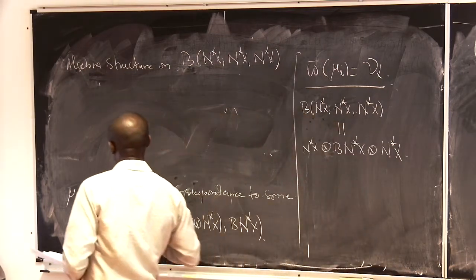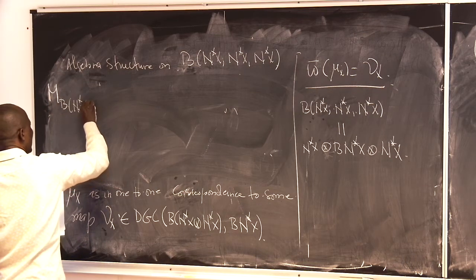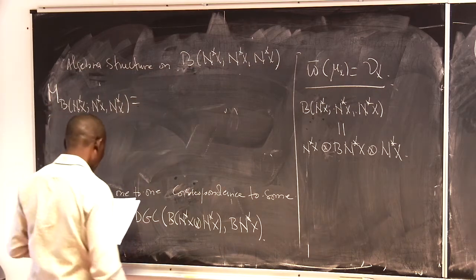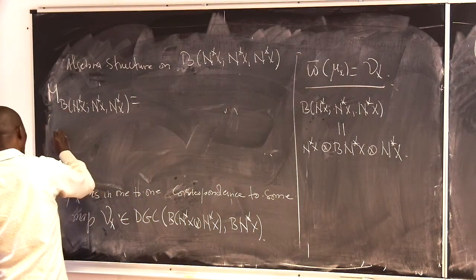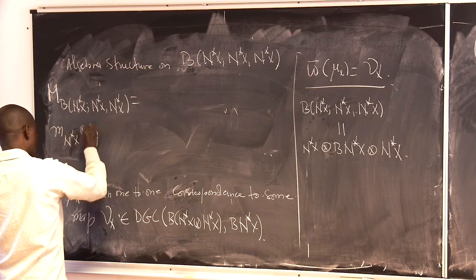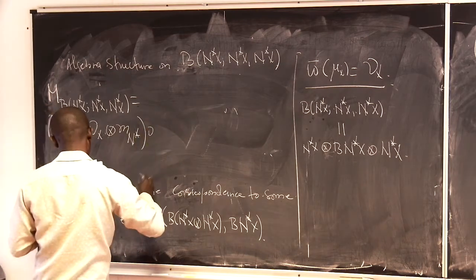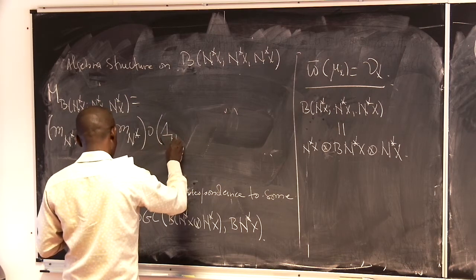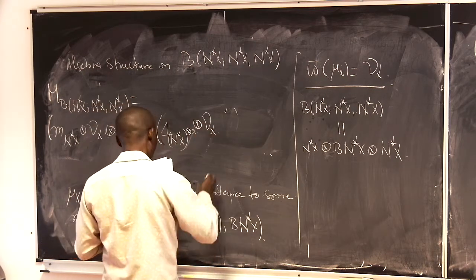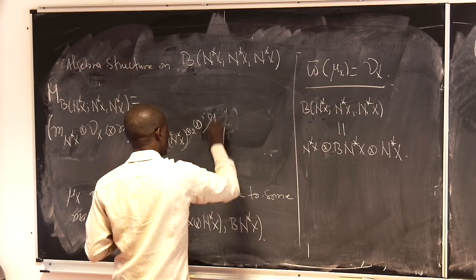We denote that product by capital M, B, N star, N star, N star X, equal to M Nx tensor nu X tensor M Nx, composite by tensor nu X, tensor the shuffle map, tensor.